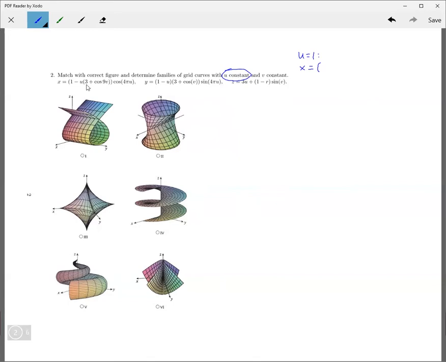That's 0. 1 minus 3 minus cosine of 9d times cosine of 4 pi, and cosine of 4 pi is going to be 1. Okay, so this is going to be -2 minus cosine of 9d.